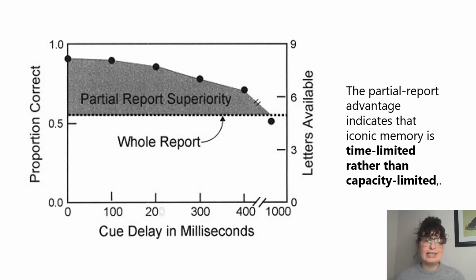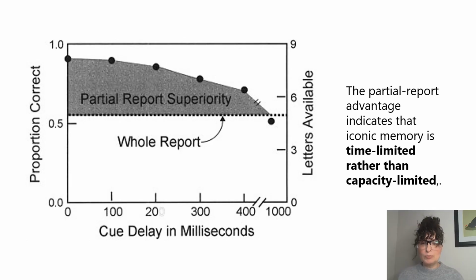Whereas in the partial report condition, participants could report with zero delay almost the entire row. The logic is that if they can report the entire row, they must have access to the entire array, because they didn't know which row they were going to have to report beforehand.